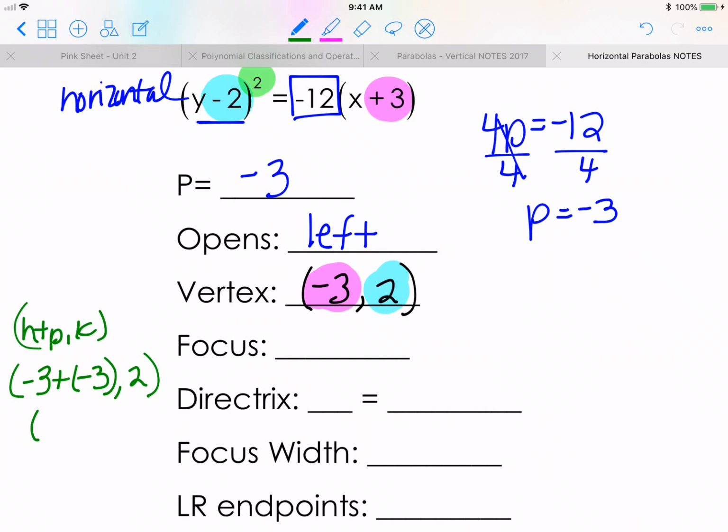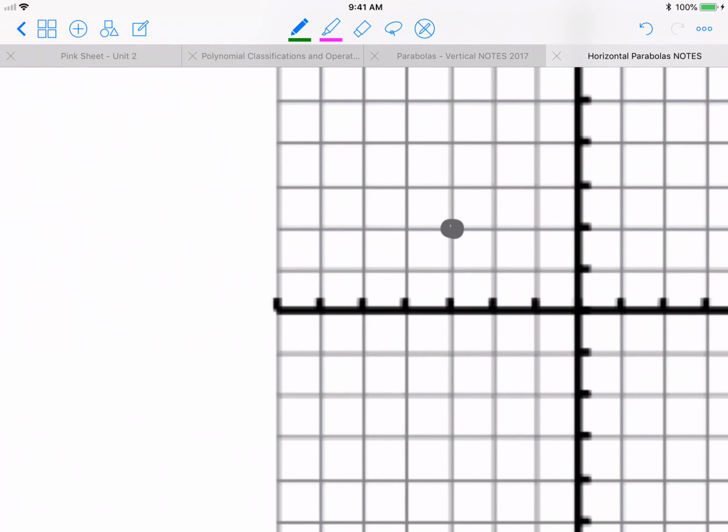So negative 3 plus a negative 3 is a negative 6, comma 2. So that's your focus. So hopefully after doing several of these over the last 2 days, you're kind of getting the hang of how to do these. So now we got to go negative 6, comma 2, up 2, so our focus is right there.